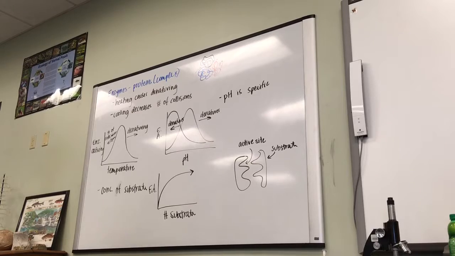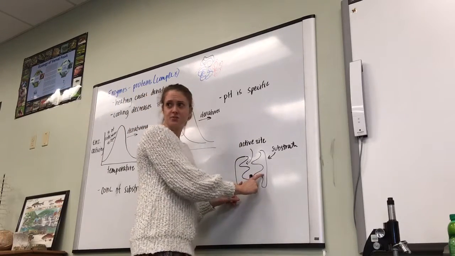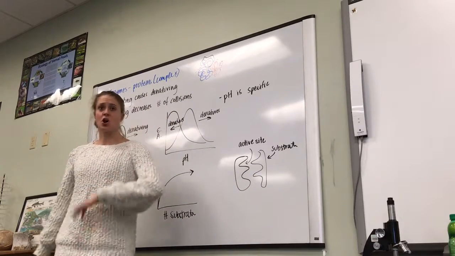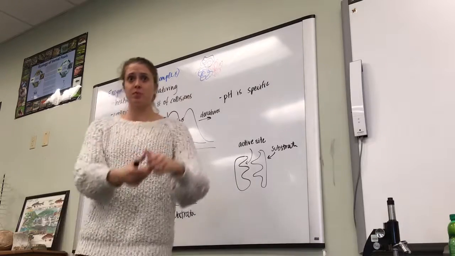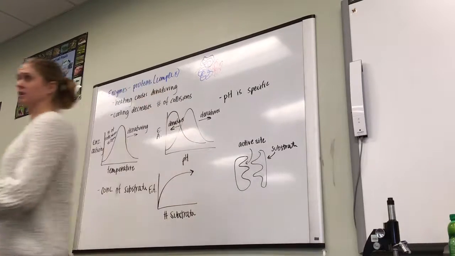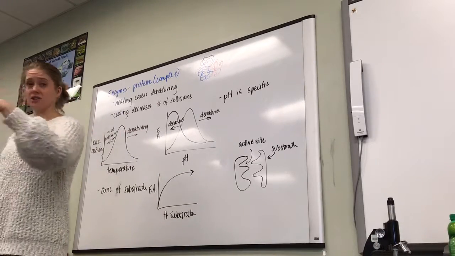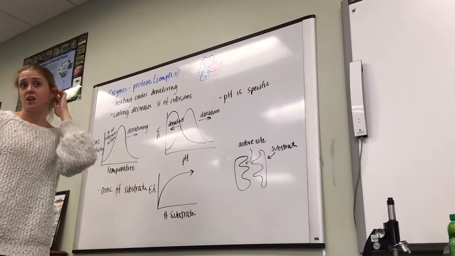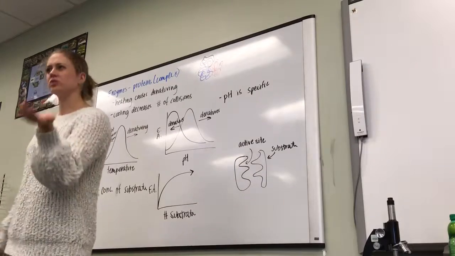Even if you increase the number of substrates that you have, you still can't speed up this enzyme. It's going as fast as it possibly can. And remember, it's grabbing onto substrates and ripping them in half, and then it just keeps randomly bumping around with its eyes closed. And when it runs into the next substrate, it rips it in half. So if there's a lot of substrates, you're probably going to have less time in between substrates, but you can only go so fast.